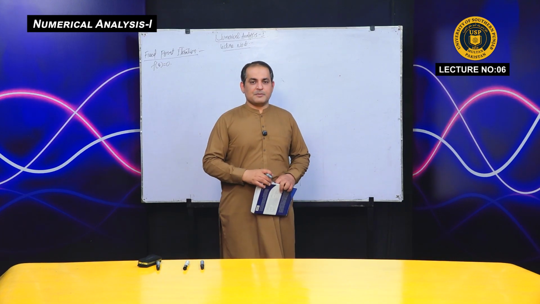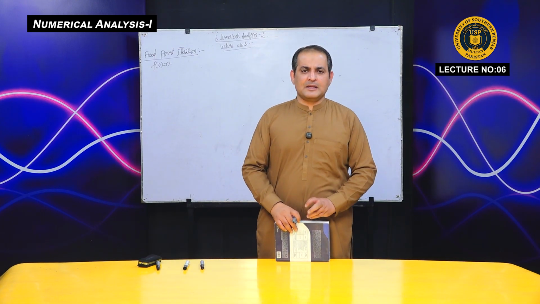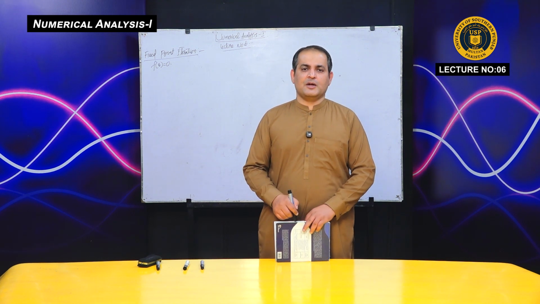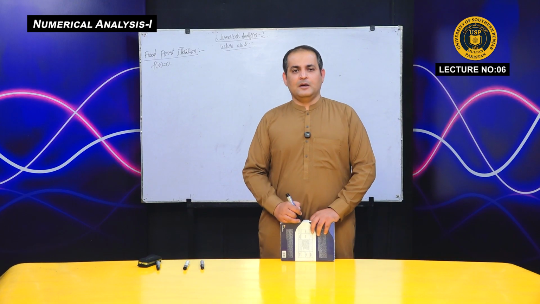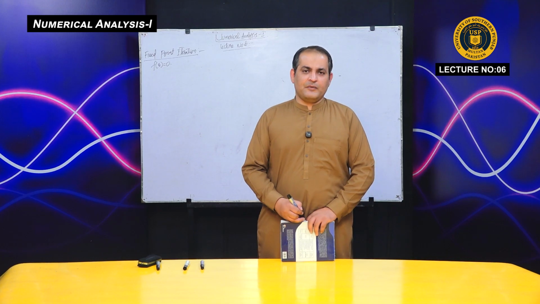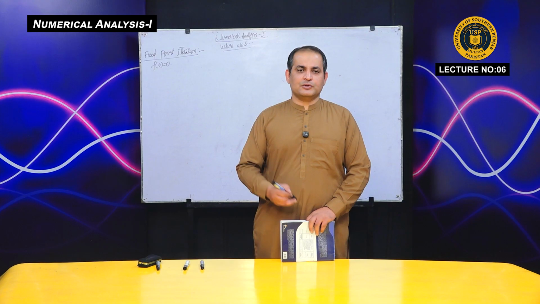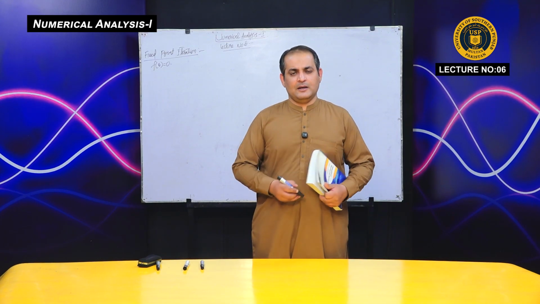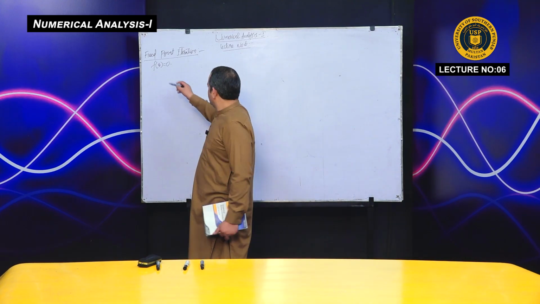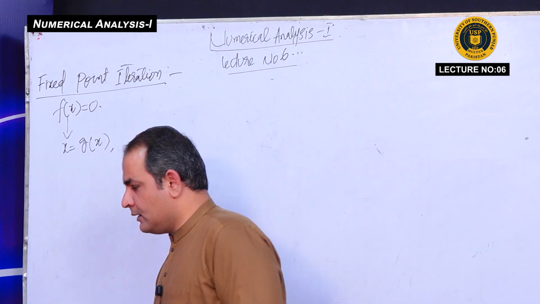What will the fixed point iteration method do? This method will do some rearrangement of the nonlinear equation f of x through some algebraic manipulation, like this: x equal to g of x.